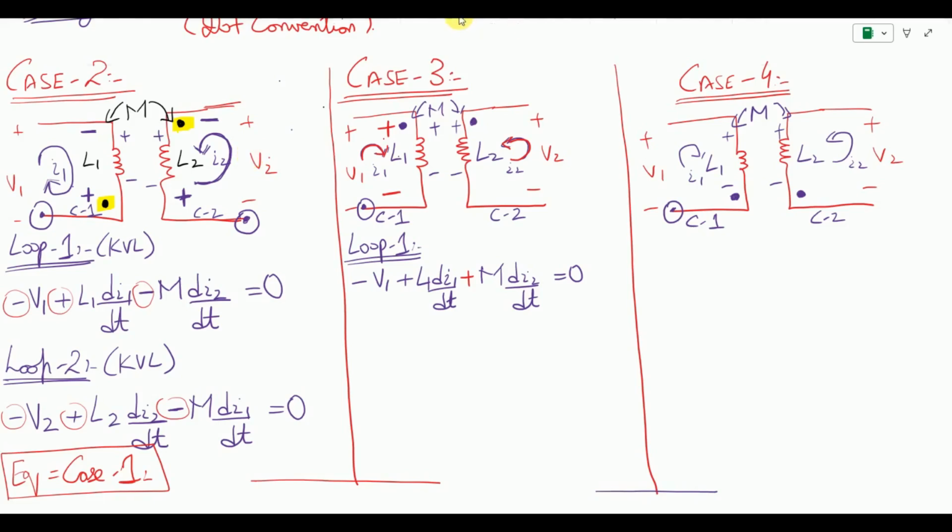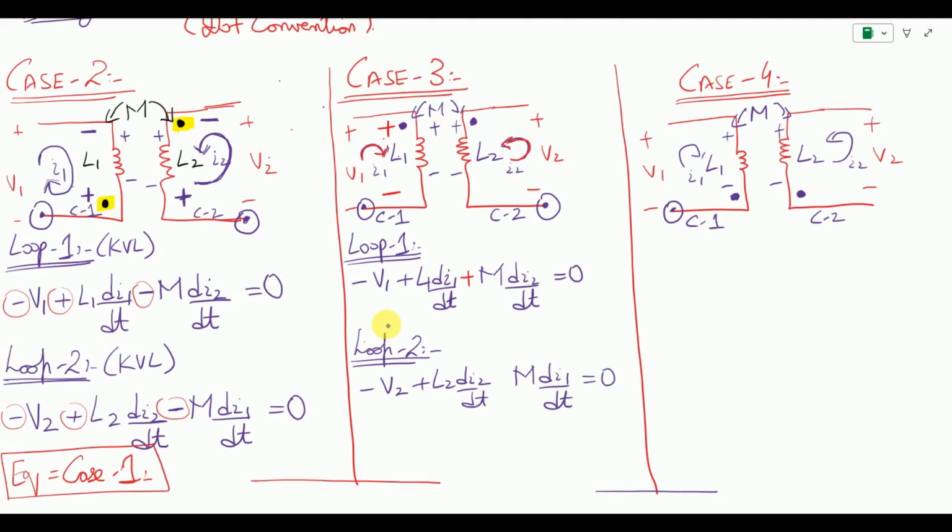Now let us write the equation for loop 2. So for loop 2, again we start from the bottom side. We can write minus V2. Inductor will have plus L2 di2 by dt. Then we have to write the equation for mutual inductance. It is the effect coming from the first circuit. So I am writing di1 by dt equals to 0.